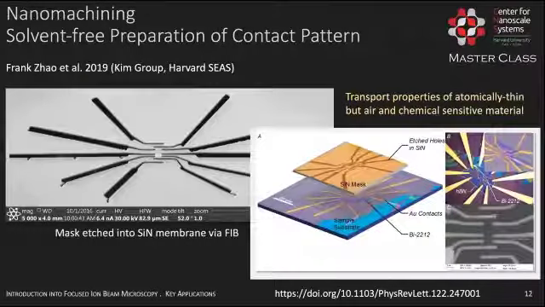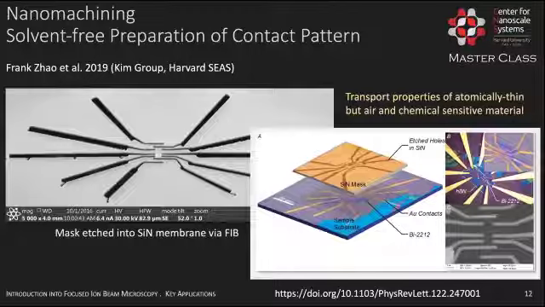The second sample is more centered in the field of applied physics. Frank Zhao, he's in the King group at Harvard and is interested in electronic properties of 2D materials. These samples are very sensitive, and sometimes you are not able to use the standard clean room techniques that are solvent-based.